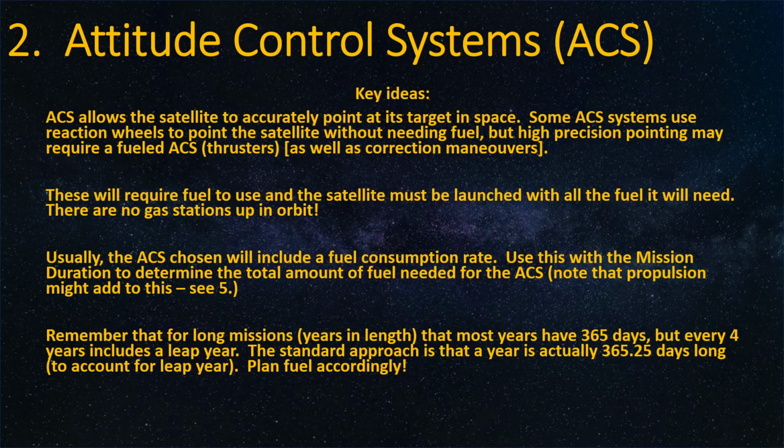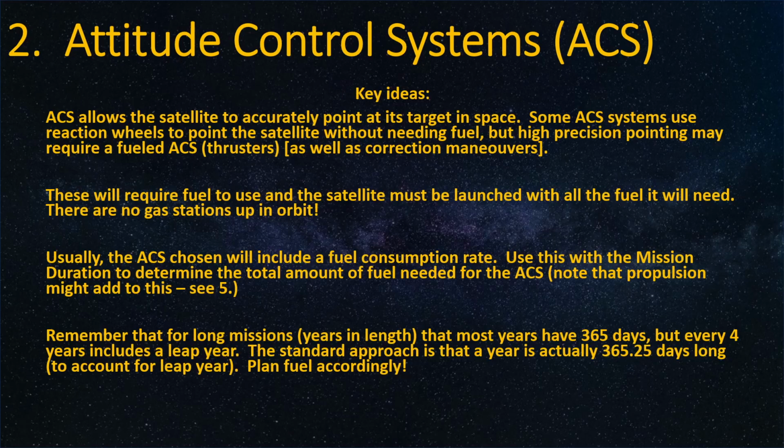So, if your mission is more than 4 years, or even has a leap year in it somewhere, you need to make certain that you account for that extra day. The simplest way is to take the average number of quote-unquote days in a year, which would be 365.25. Basically say that you have an extra quarter of a day in every year, so that every 4 years you're going to end up with 1 more day.